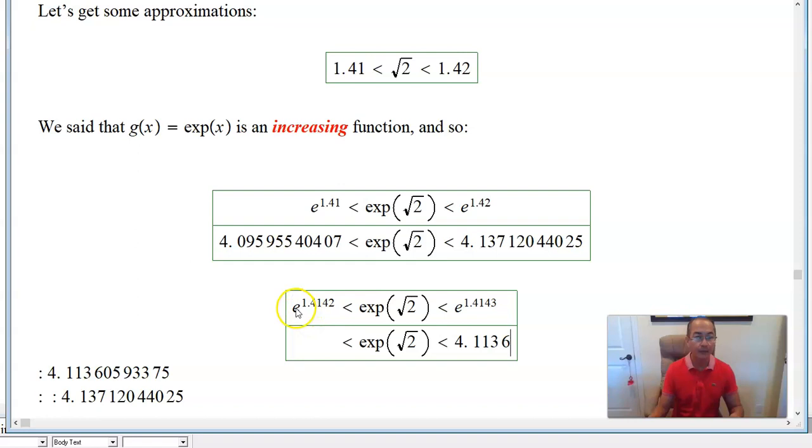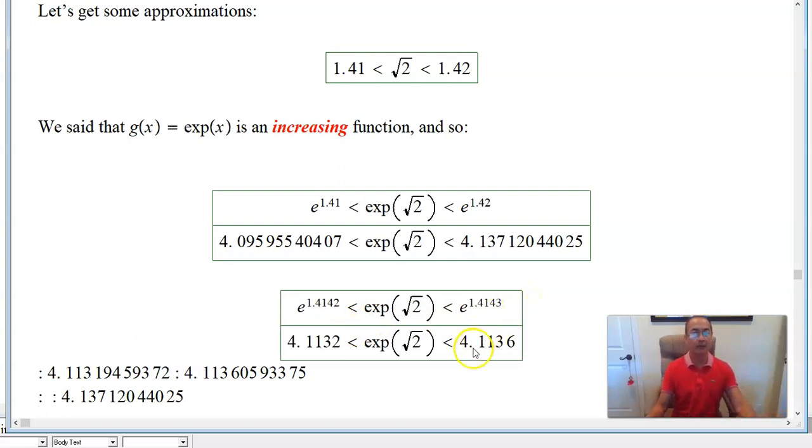And how about the smaller number? 1.4142, you're approximately 4.1132. So we get a much smaller interval here. I don't know who e to the square root of 2 is, but it's somewhere between 4.1132 and 4.1136.